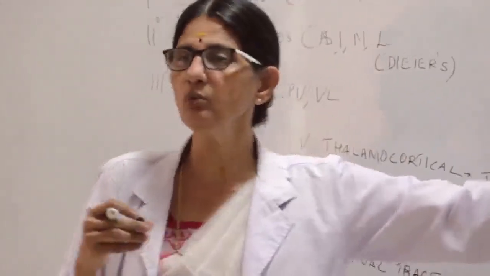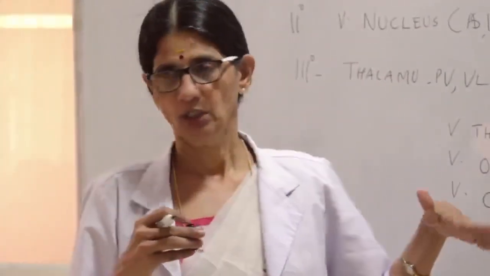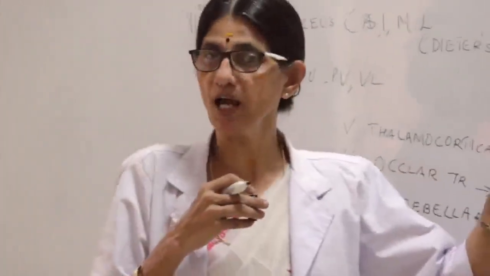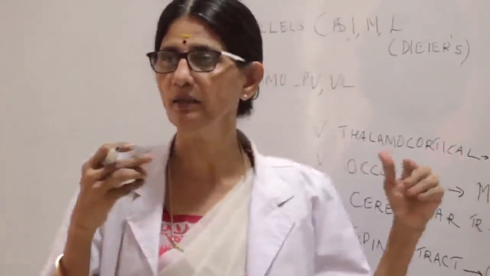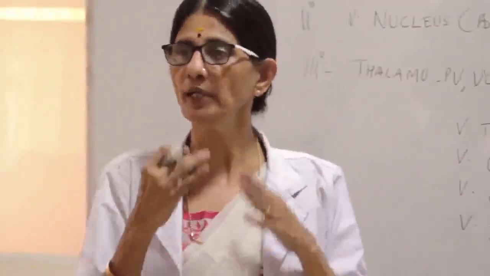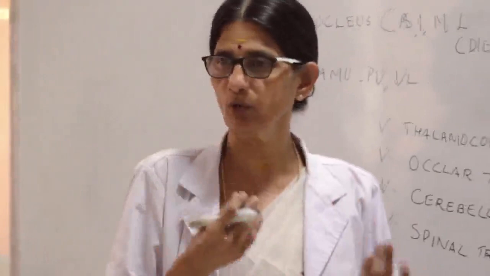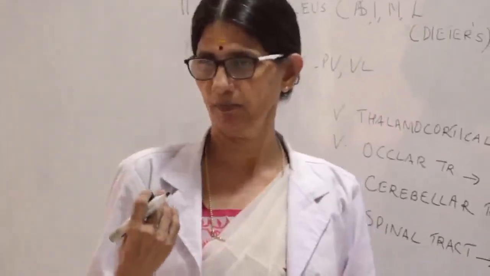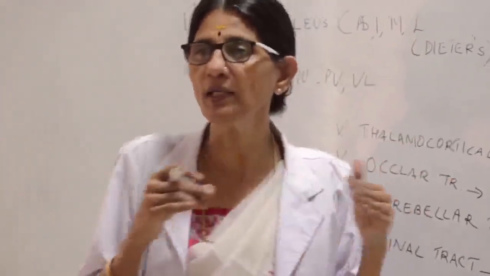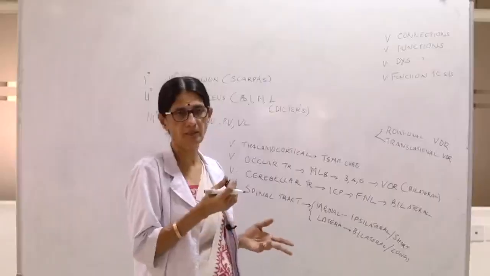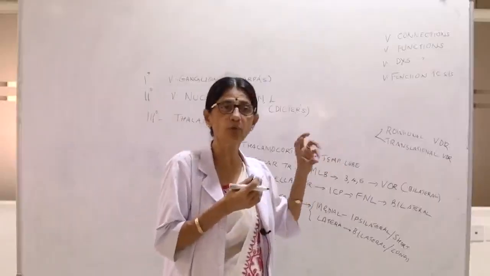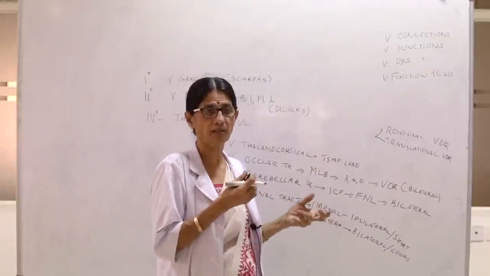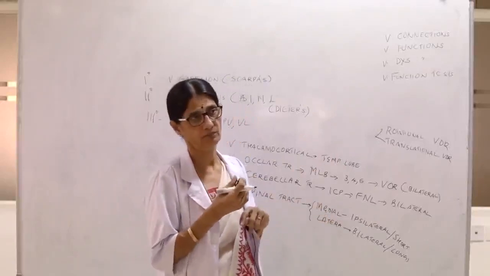So whatever be the movements of the head, there is a reflex movement of the eyeballs, because the head can be rotated or moved in its own axis, whether vertical, horizontal, or rotational. When the head is moved in any direction in its axis, the eyeballs will also be rotating in their own axis, but in the opposite direction.